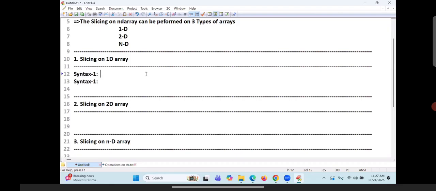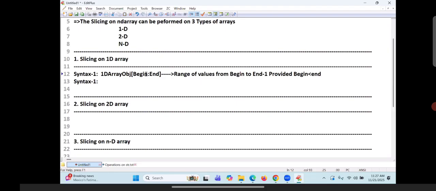Come on. Whatever you learn, try to apply your syntaxes. So come on. ND array object, that is called 1D array object of begin colon, will give you begin colon and gives a range of values from begin to end minus 1, provided begin must be less than end.